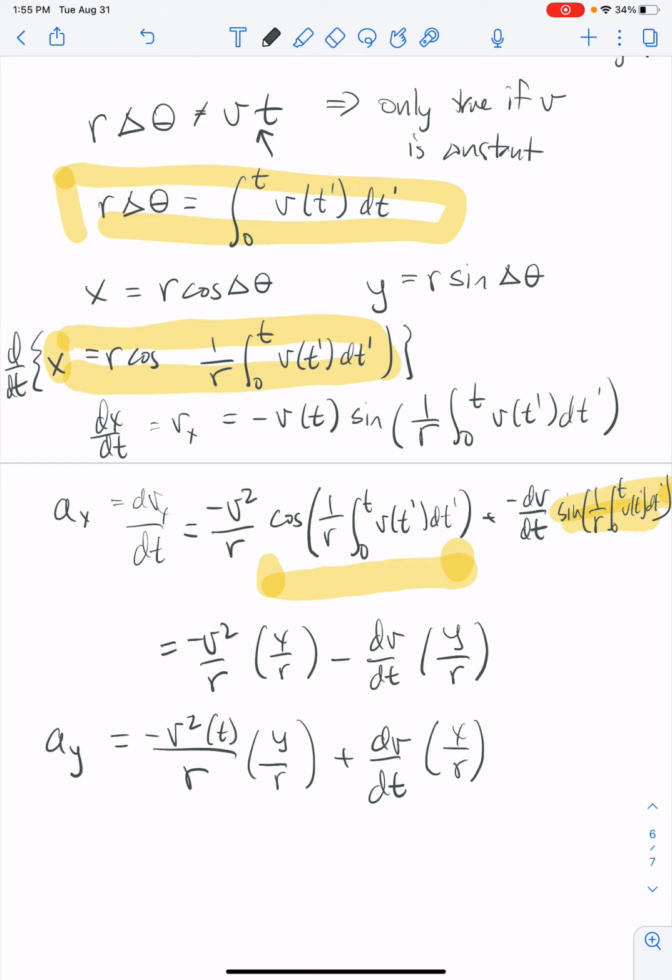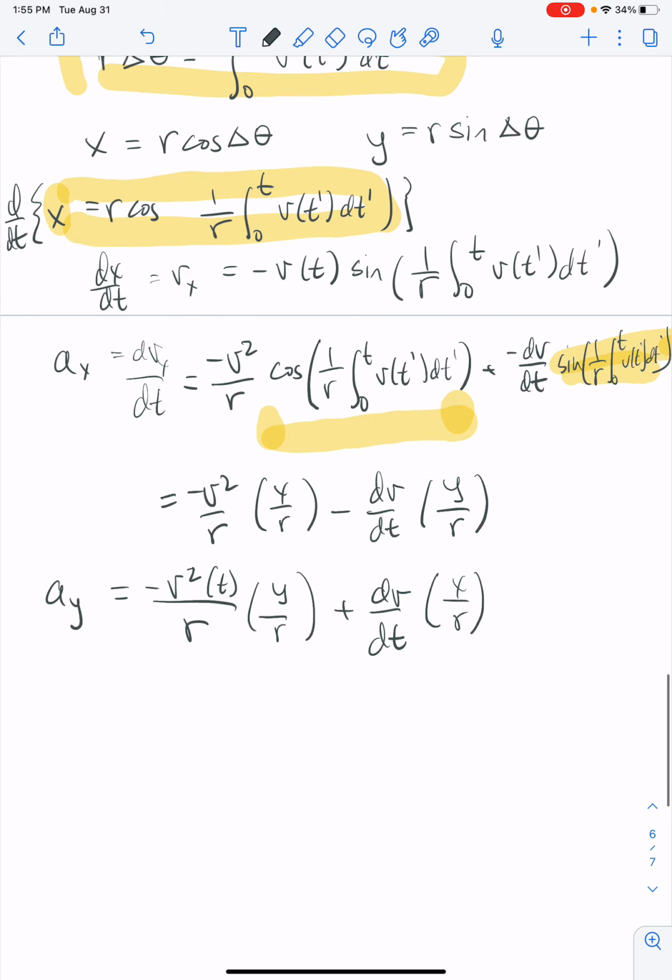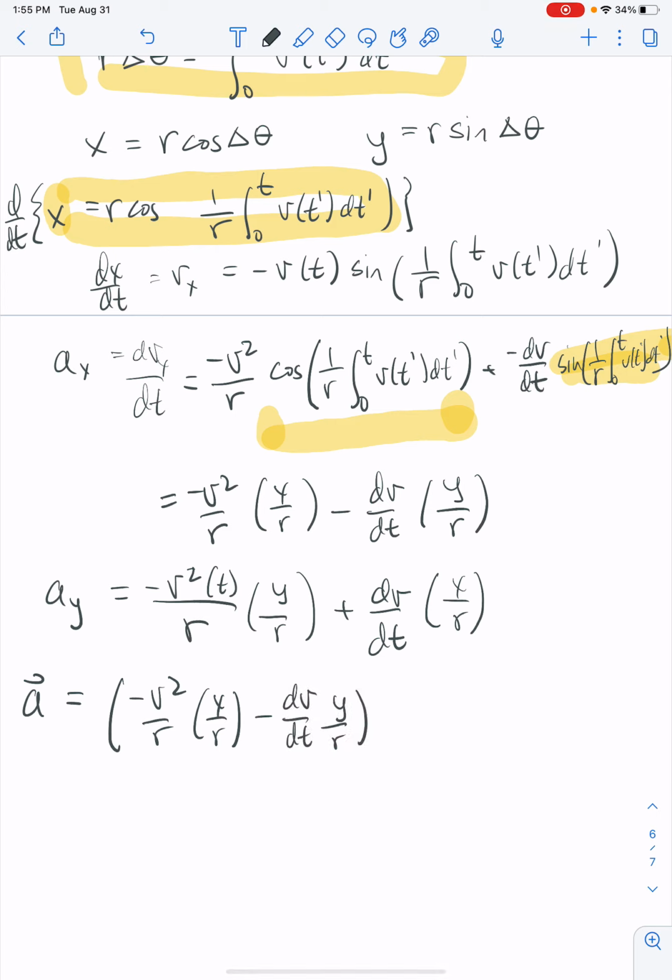So we're going to start by writing this ugly thing in vector form. So our total A is negative v squared over r times x over r minus dv dt y over r times i hat. That's my ax component.